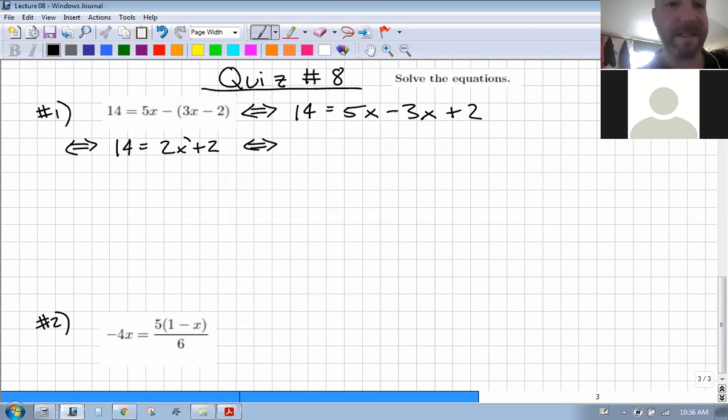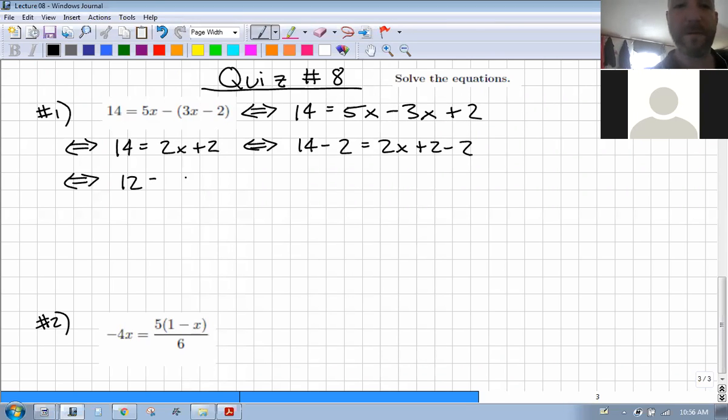Now we just have to get to this x. So let's subtract 2 from both sides. 14 minus 2 is 12 equals 2x.